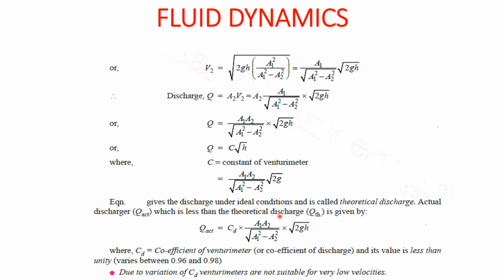So for theoretical discharge we require these three quantities, A1, A2 and H, so that it is easy for us to calculate the discharge through this venturimeter. And for calculating actual discharge, again we require those three quantities, but at the same time we require the value of coefficient of discharge. If in problems it is mentioned to calculate actual discharge and if CD is not given, then you can assume for venturimeter that the CD is 0.96 to 0.98.